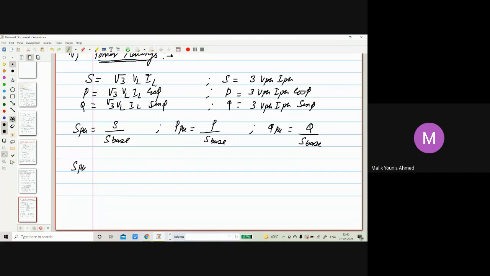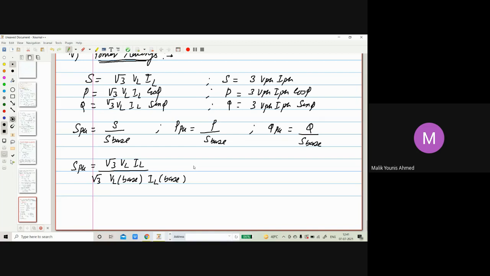Okay, so let me take this further. S per unit can be written as √3 VL IL, because I am getting the absolute value in terms of line. And I can write the base value also like this, √3 VL base IL base, because the relationship will remain the same.